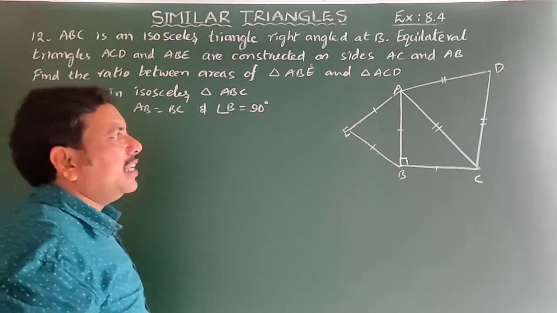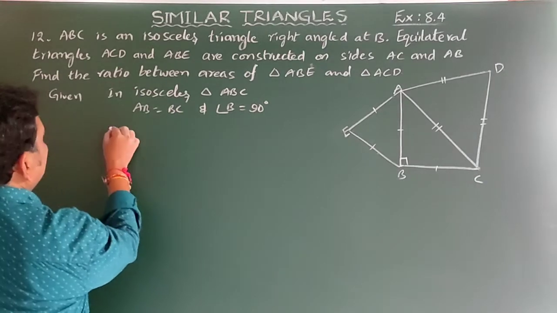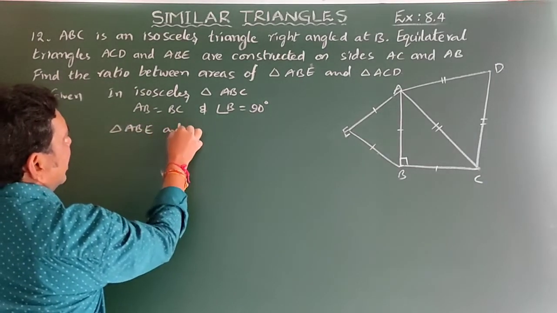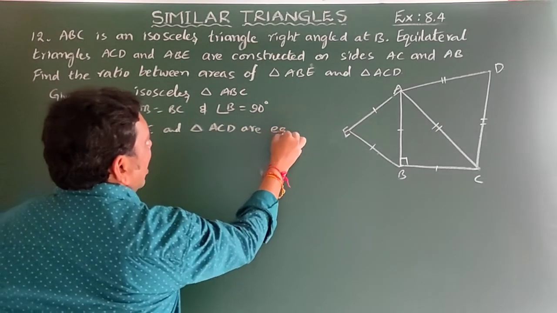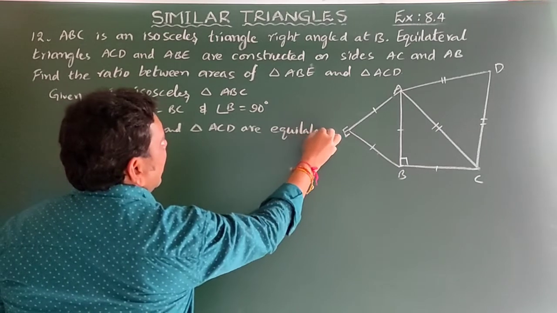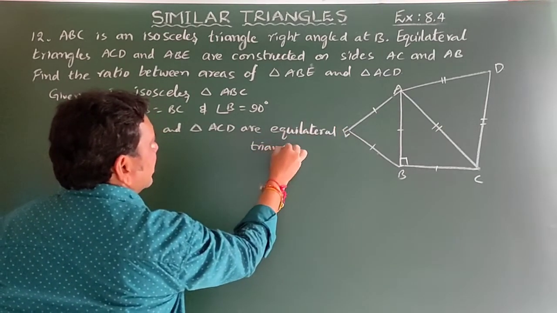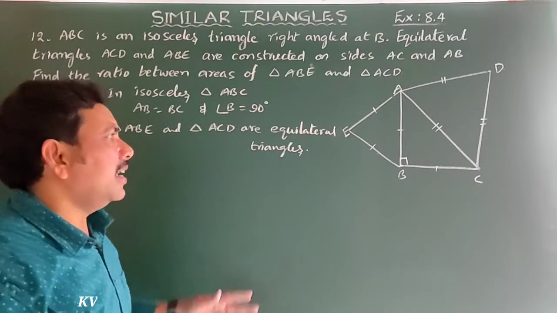Next, triangle ABE and triangle ACD are equilateral triangles.